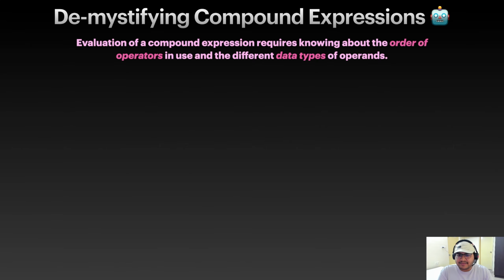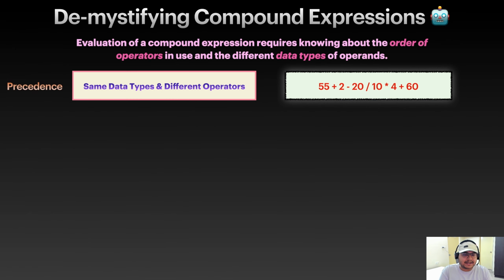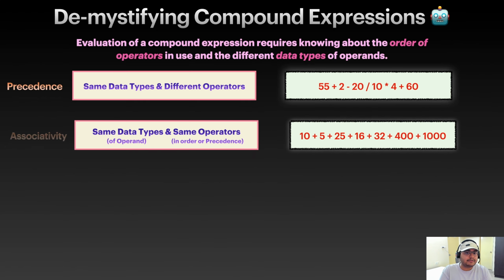To simplify the evaluation of expressions, we have divided this episode into four key segments. First, we will cover expressions with the same data type for all the operands, but different operators, introducing the concept of precedence. In the second segment, we will focus on expressions with the same data type for operands and also the same type of operators, explaining the concept of associativity.